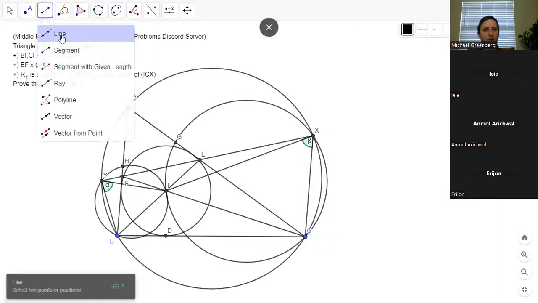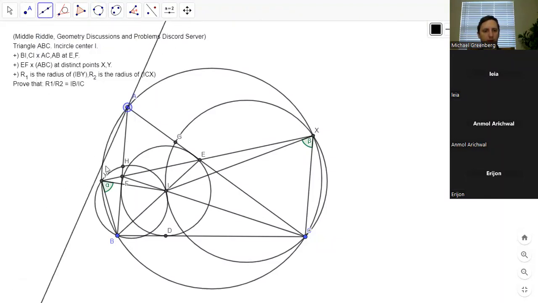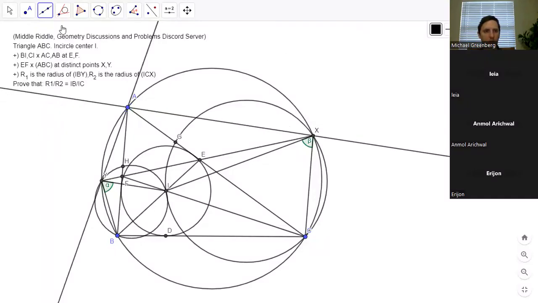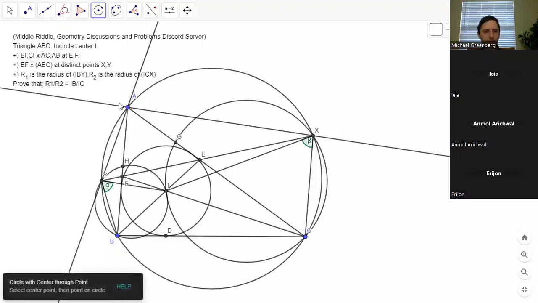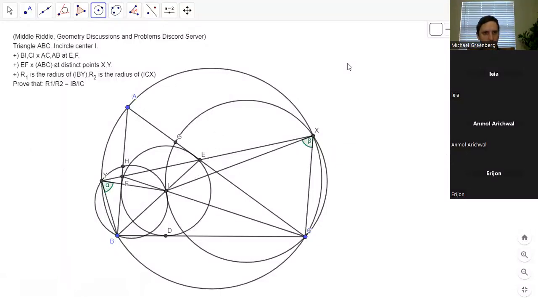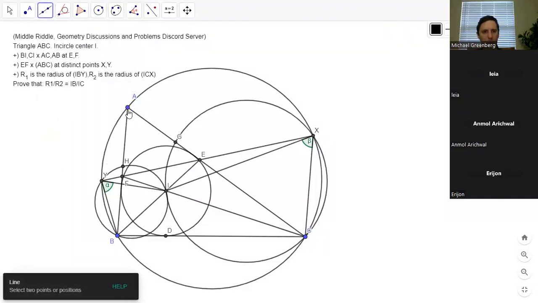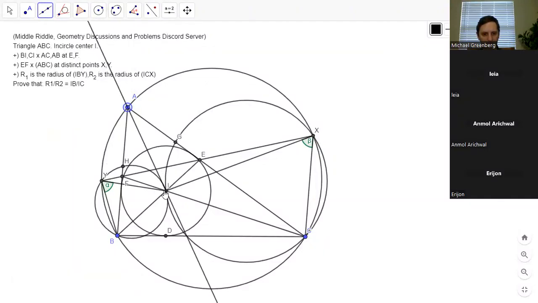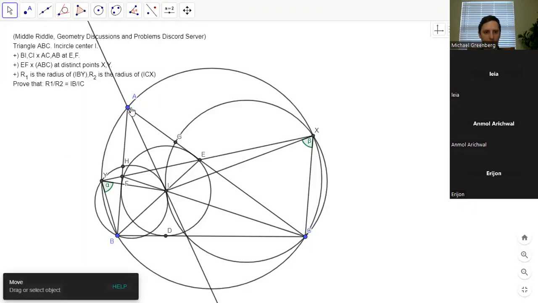I'm trying to find the right line through these circles. Let me try this. I don't think it's that one. Maybe just the angle bisector, see where it meets both circles. Looks like these concur, but that shouldn't be true.